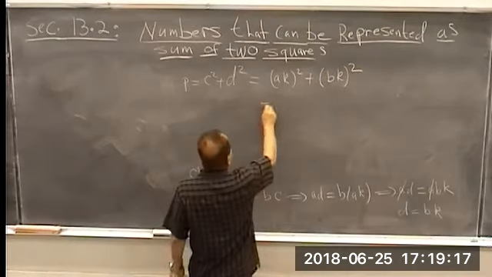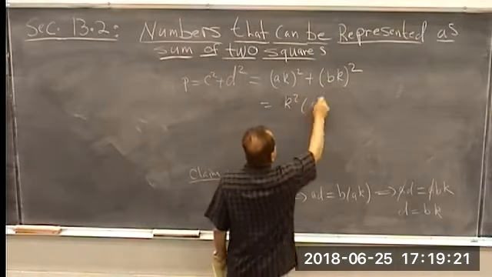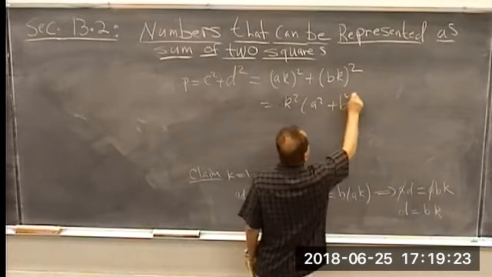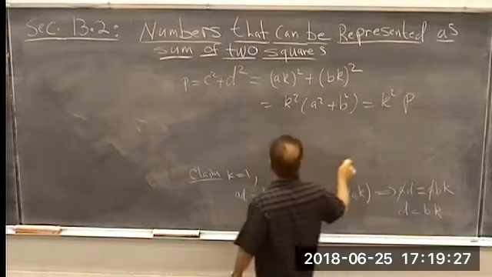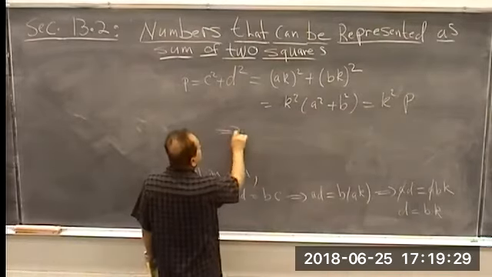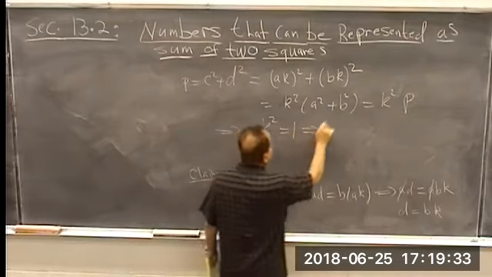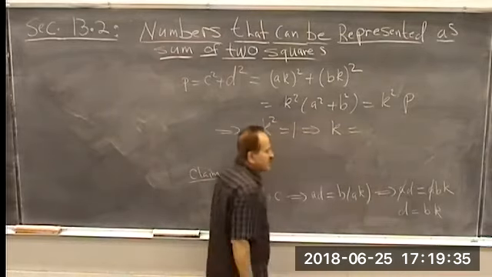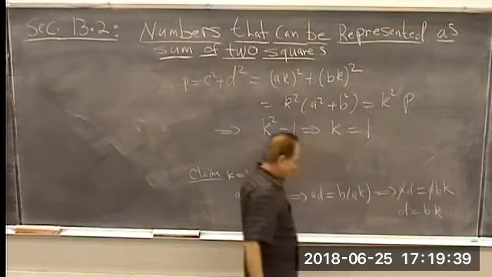And this makes this K squared times A squared plus B squared, which is K squared P. And we conclude from here that K squared equals 1. And since everything is positive here, K must be equal to 1.